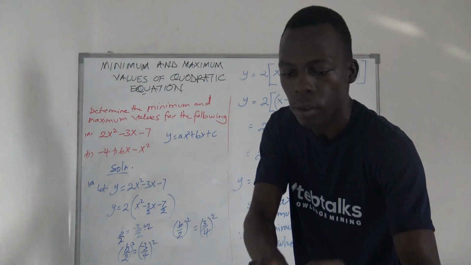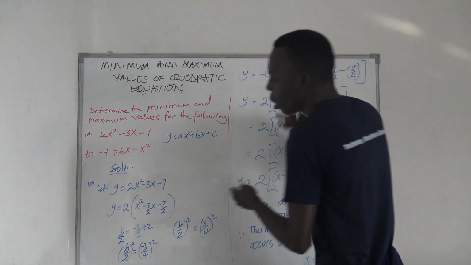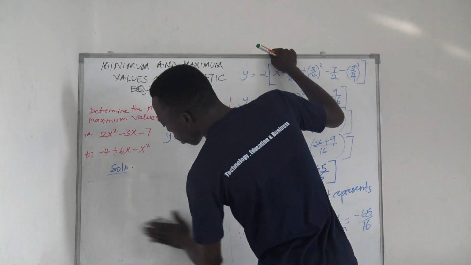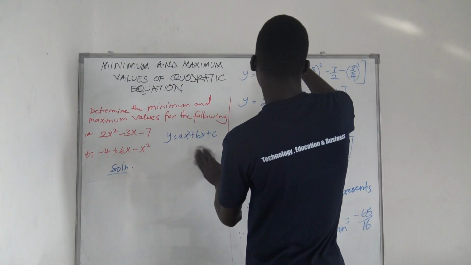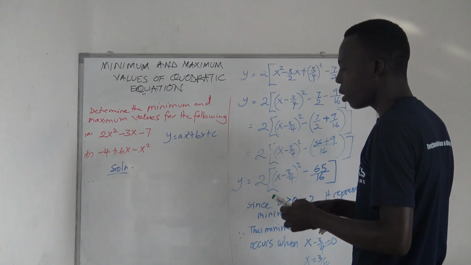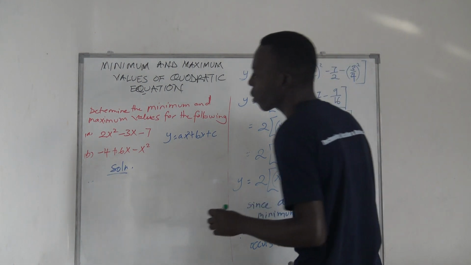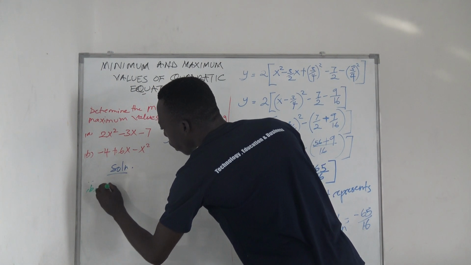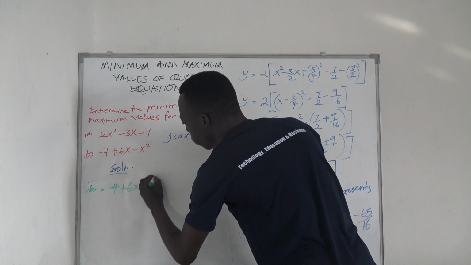So now on the second one, we have that b equals negative 4 plus 6x minus x squared.